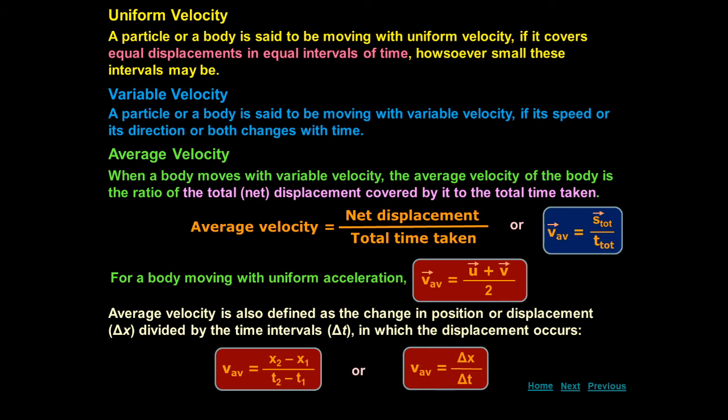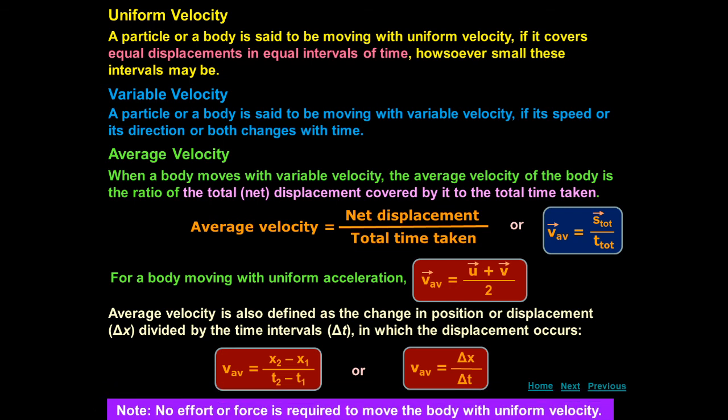So V average equals del x by del t. And if this time interval is very small, let it tend to 0, then the limit of del t tending to 0, del x by del t is dx by dt, the derivative of x with respect to time. It is about the speed and velocity.